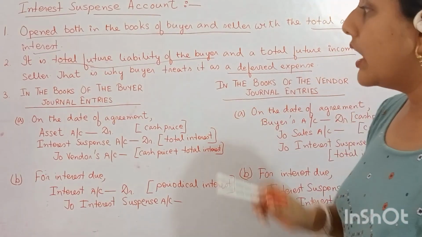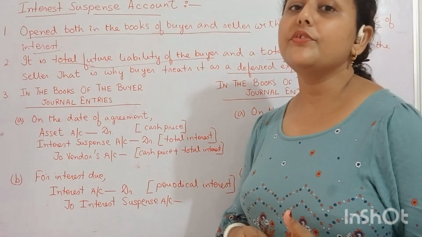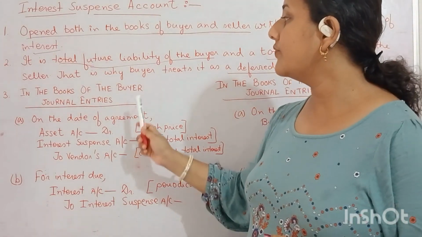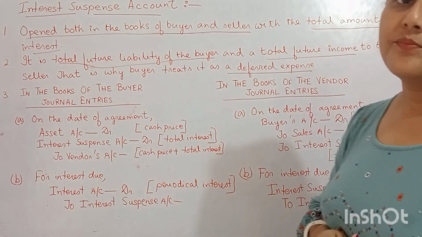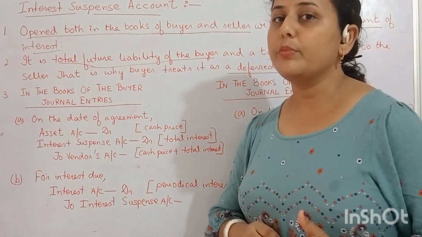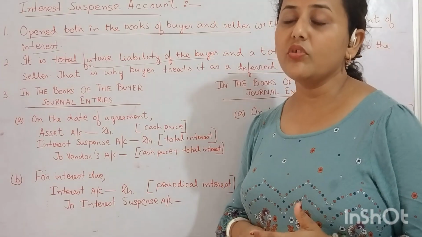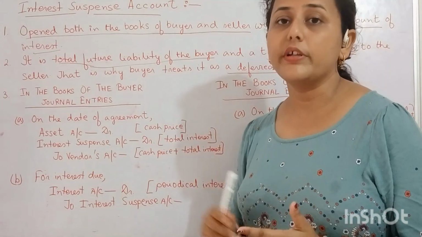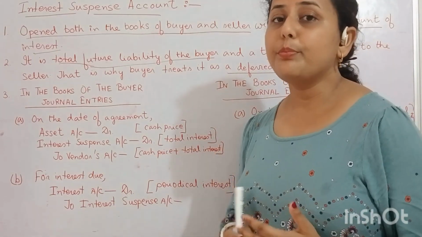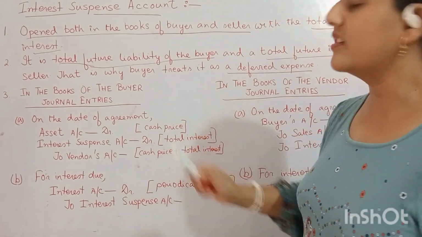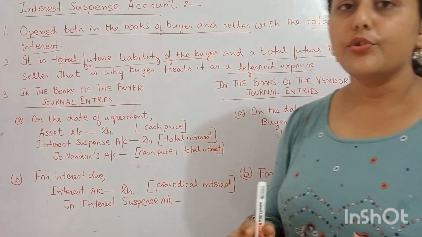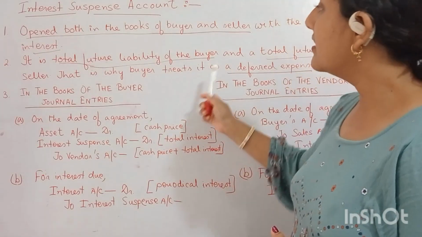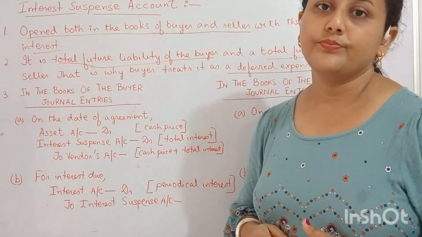Now, what are the journal entries to be passed in the books of the buyer as well as the vendor in case of the installment system? Installment system journal entries are always passed with interest suspense account. That is why you must understand what interest suspense account is.